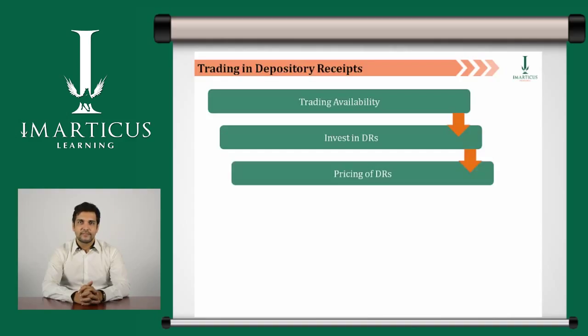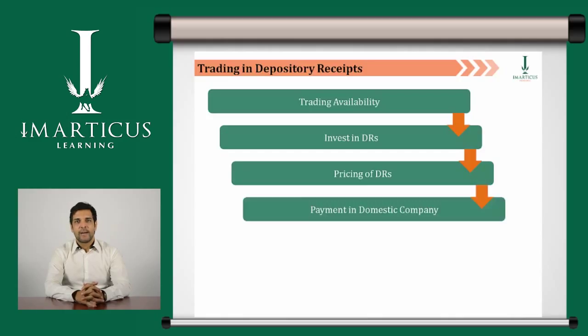Later, market forces like demand and supply, market conditions, investors' sentiments, and domestic market conditions of the issuing company dominate the DR price. When dividends are paid by the domestic company, the custodian bank receives it and withholds all foreign taxes.